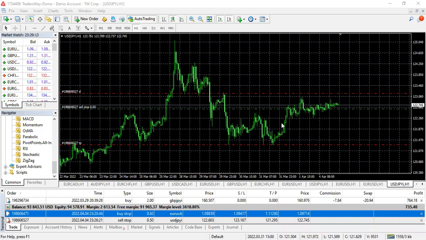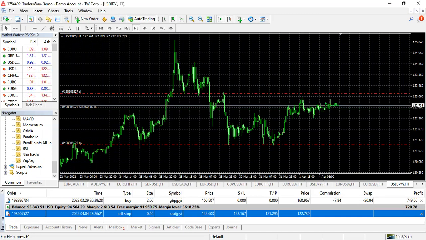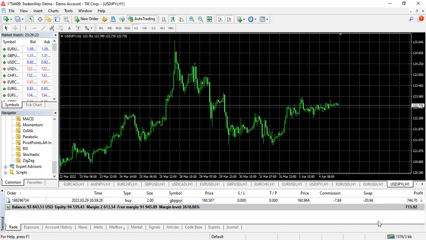So number 1, we have position stop loss. Let me close this trade. What do you mean by position stop loss?